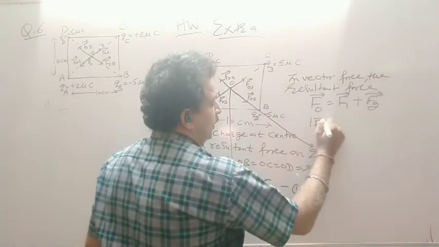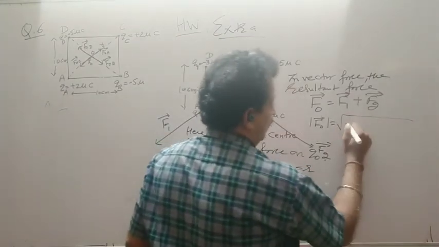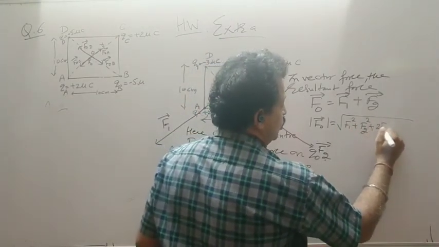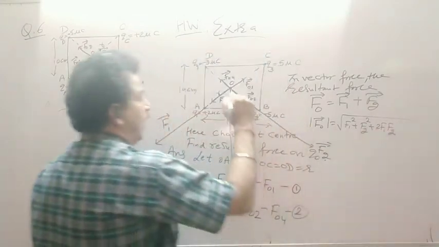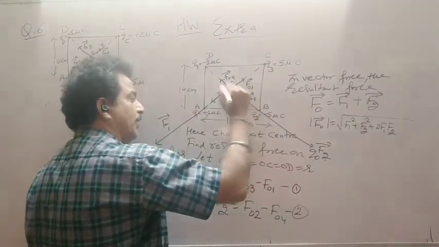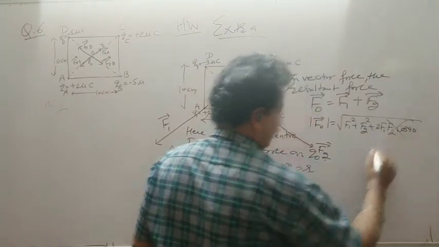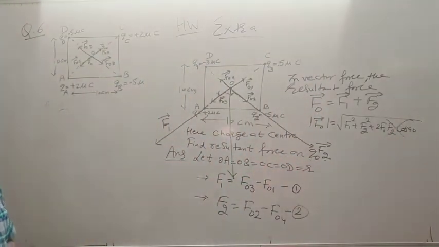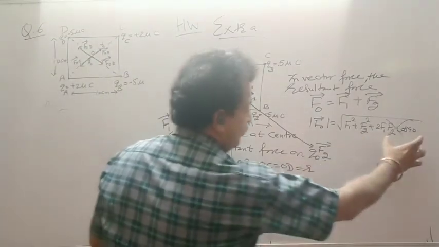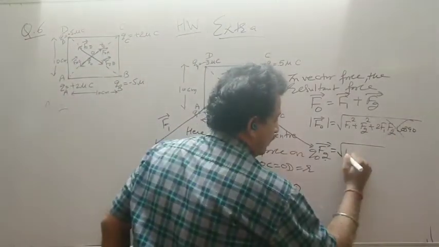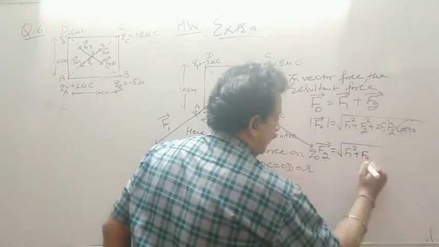F naught is equal to under root F1 square plus F2 square plus 2 F1 F2 cos of the angle between 1 and 2. For a square, this angle comes out to be 90, cos 90, so this term is cancelled or it is 0. So you are left with only under root F1 square plus F2 square.